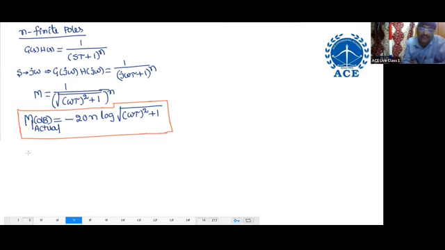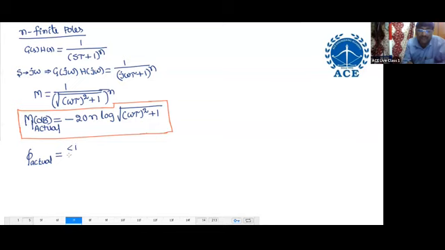Now write the phi actual. This is magnitude actual. Next, phase angle actual. Phi actual equal to, what is phi actual?